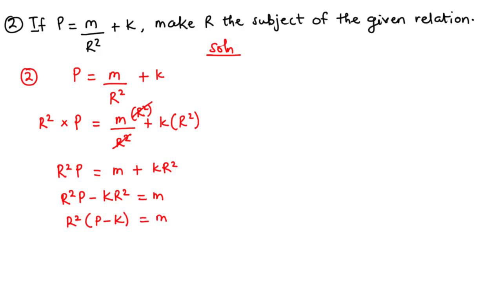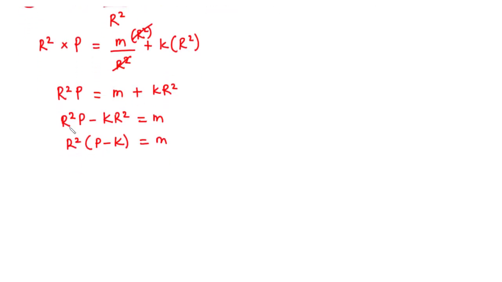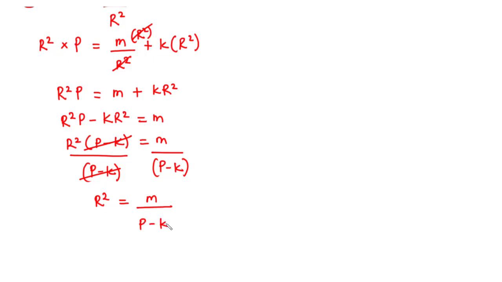Since we want to make r the subject, we divide through by p minus k. So p minus k cancels out p minus k. We have r squared equals m over p minus k.